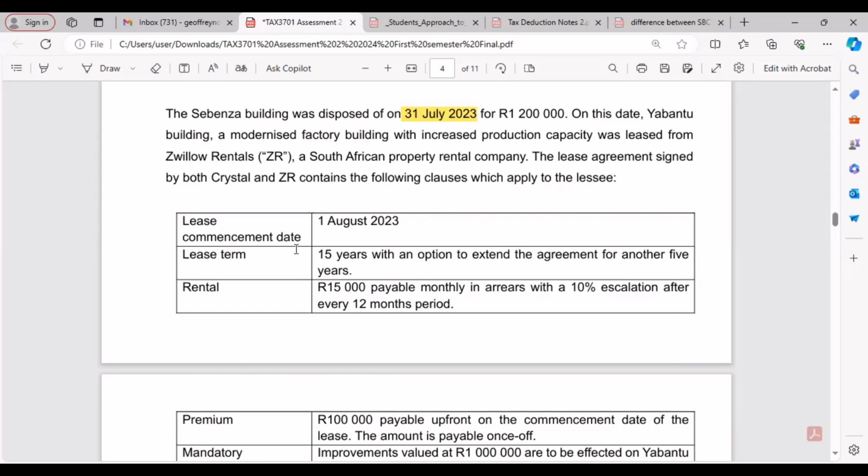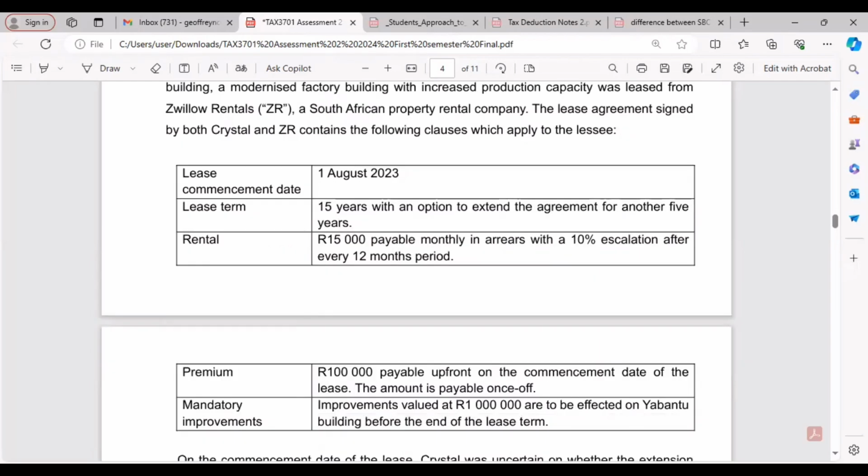There is land. Can you build on that land? It's not yours, but build on it. So SARS recognizes that you are making improvements on someone's property, so you can claim those improvements. That is the story, basically. Remember, this is in the books of the lessee. If you are a lessor, that's a different story.